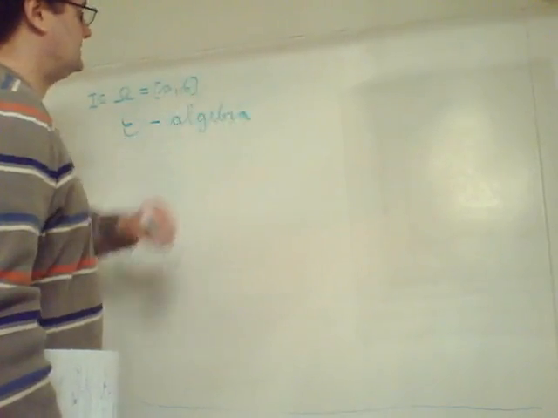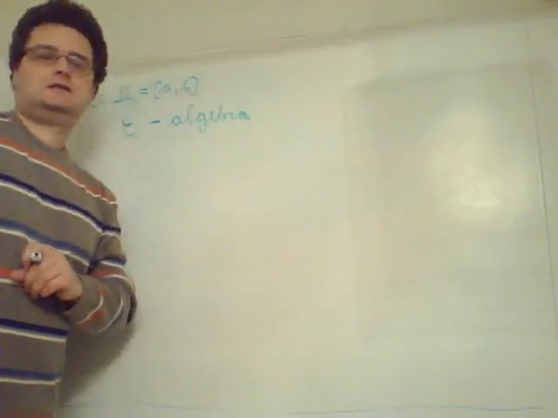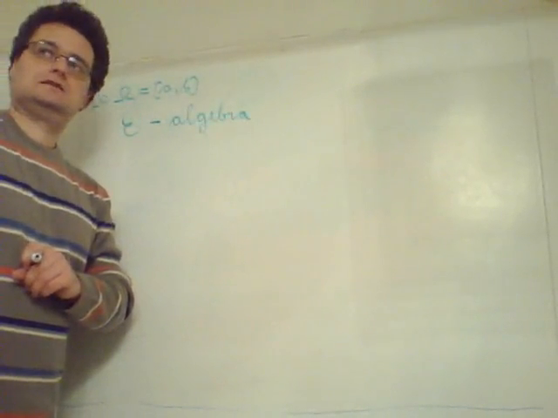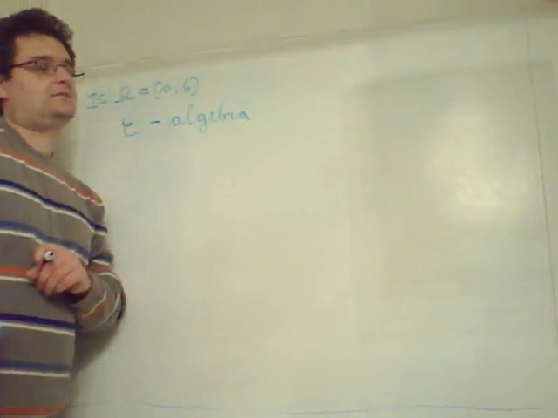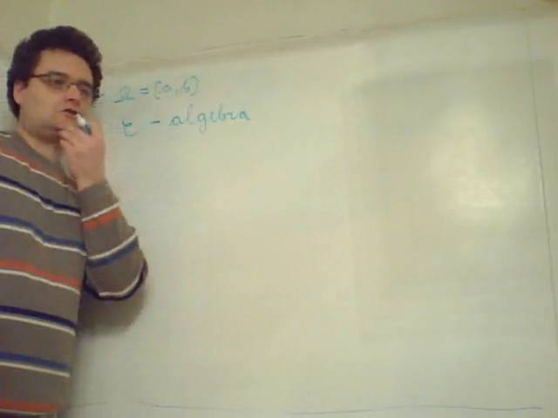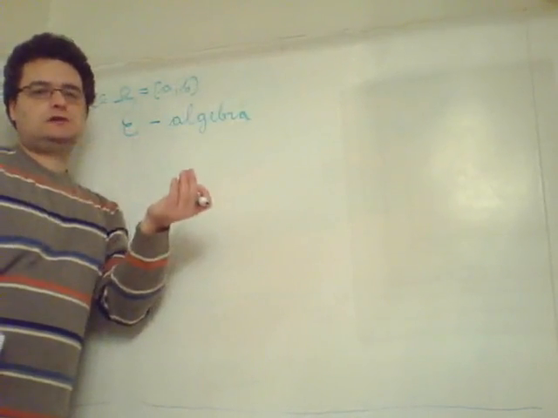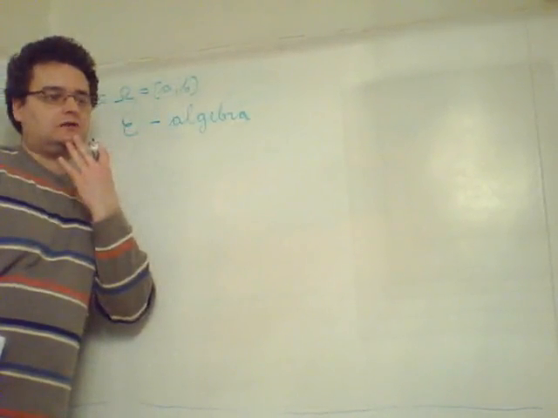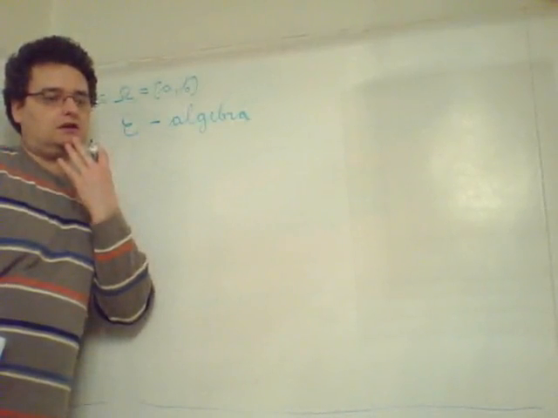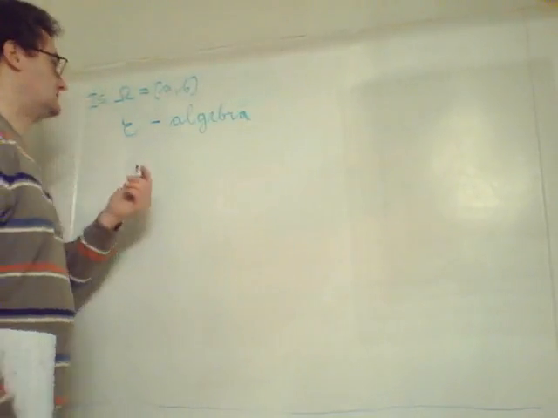What it means is, just like a sigma algebra, except that instead of being closed under countable union, you just allow it to be closed under finite union.